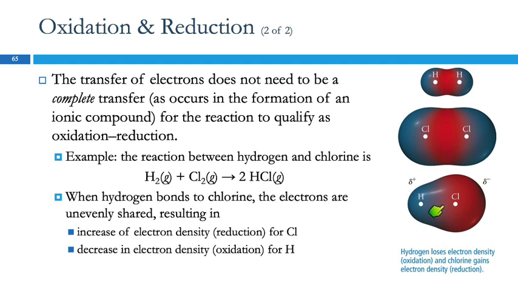So here the chlorine has increased its electron density. It didn't actually gain an electron, but it gained electron density, right? So reduction is gain. Oxidation is loss. The hydrogen here has lost electron density, and so the hydrogen is being oxidized.